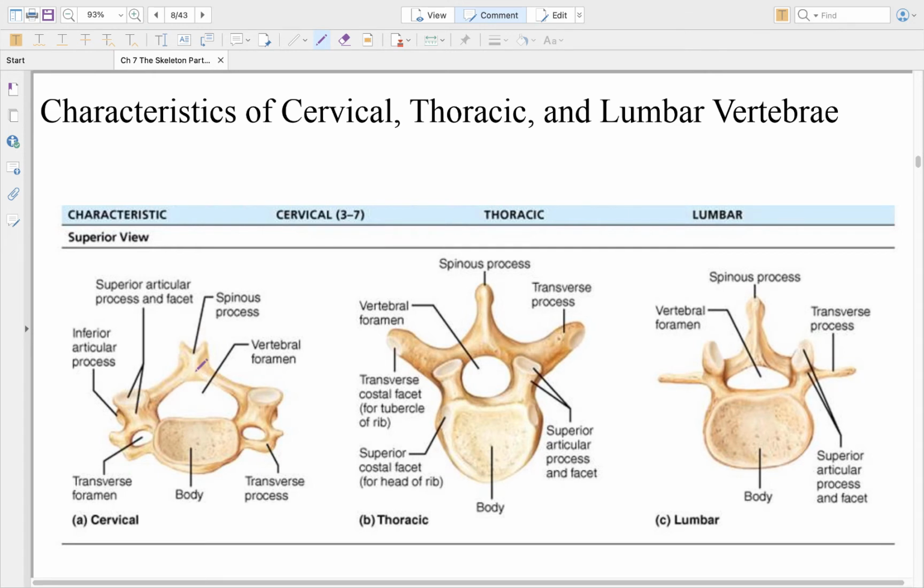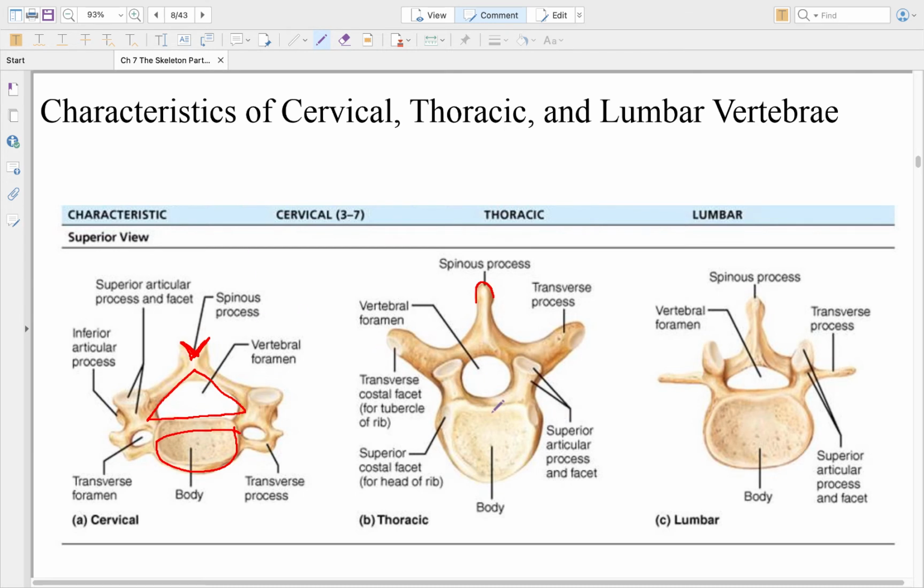The cervical vertebrae has a triangular shaped foramen and a skinny little body, and the spinous process is very different than the spinous process over here. This one protrudes out, this one makes this kind of V shape inwards. But the body's also thin.